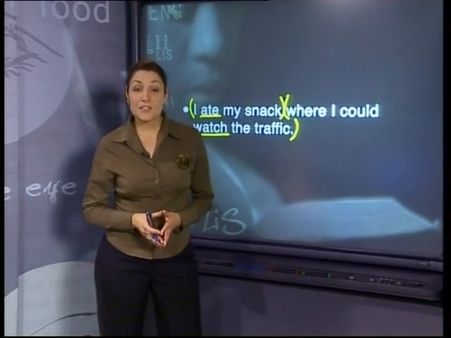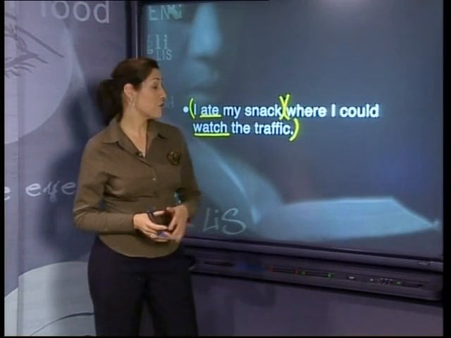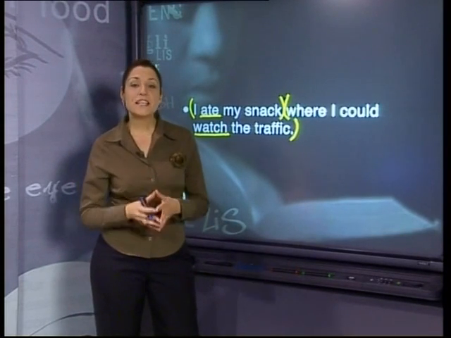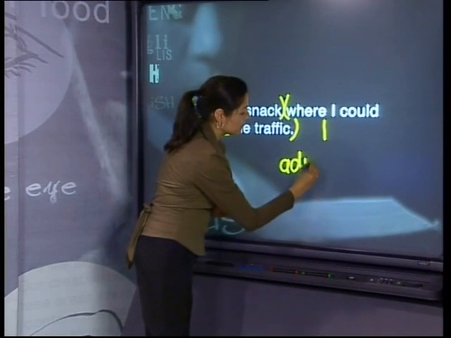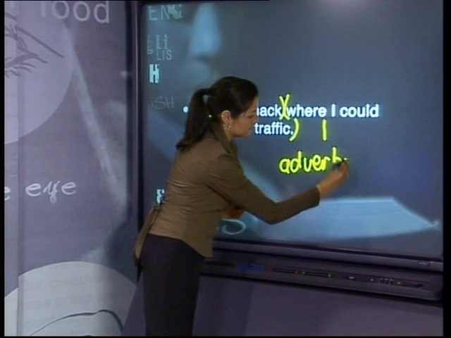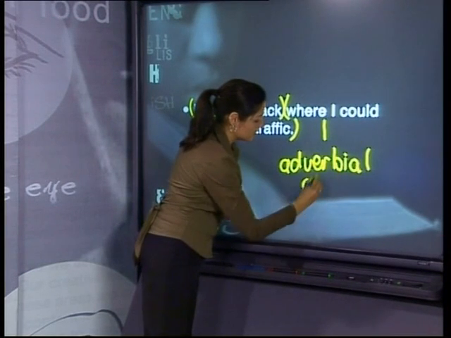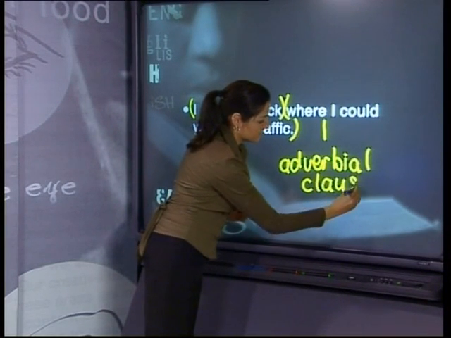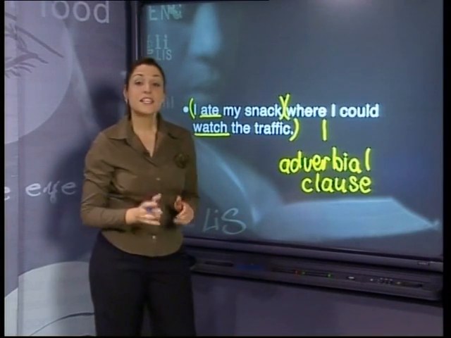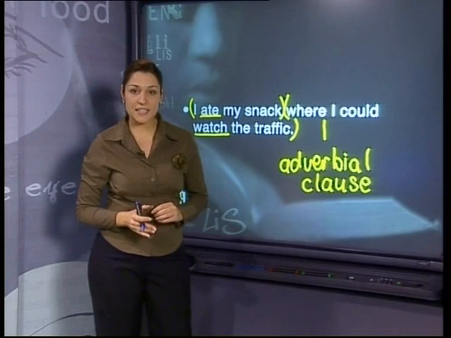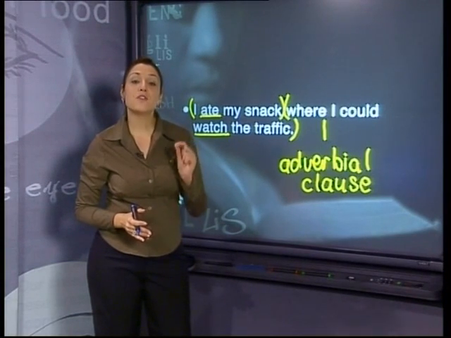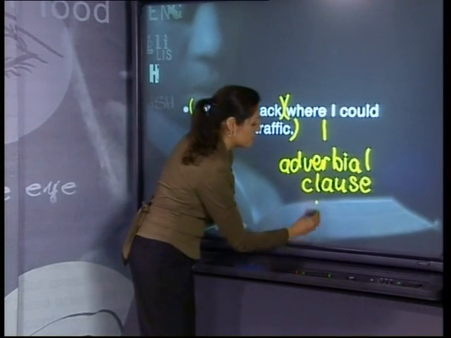Because the clause gives us more information about the verb ate, it must be an adverbial clause. Specifically, the adverbial clause tells us where I ate, so it is an adverbial clause of place.